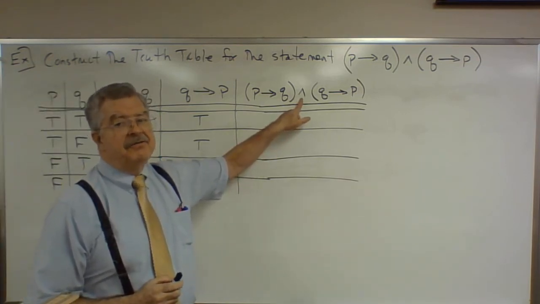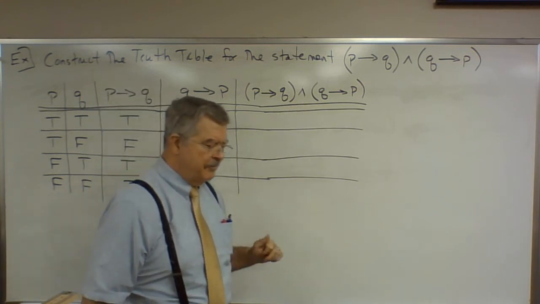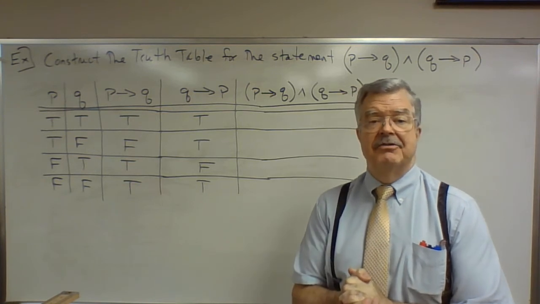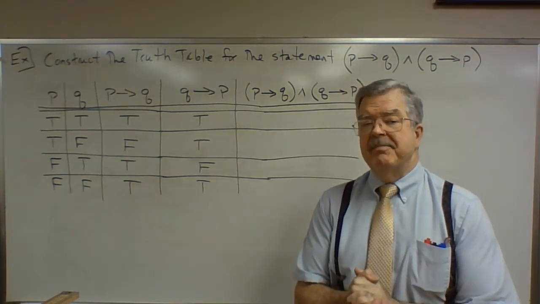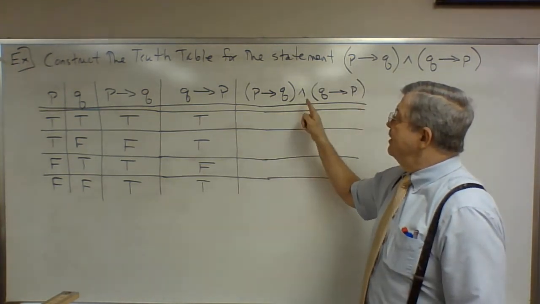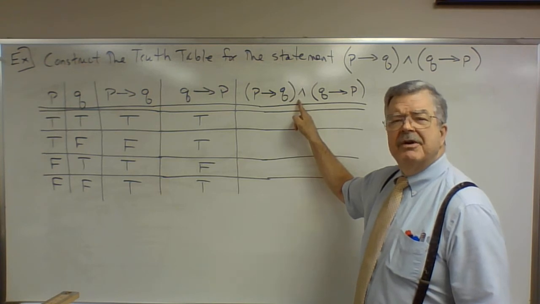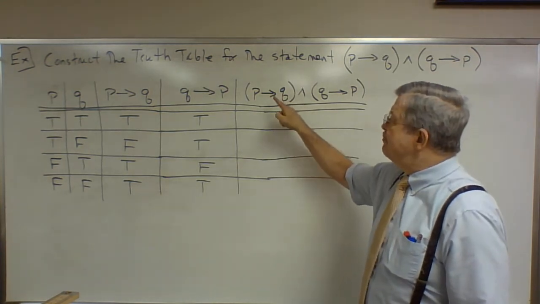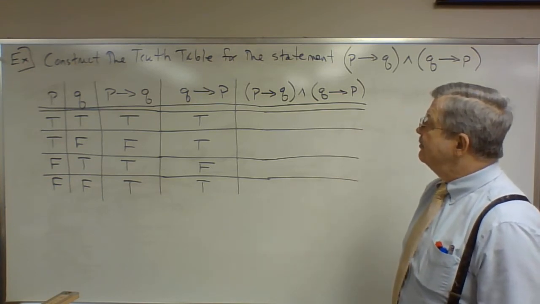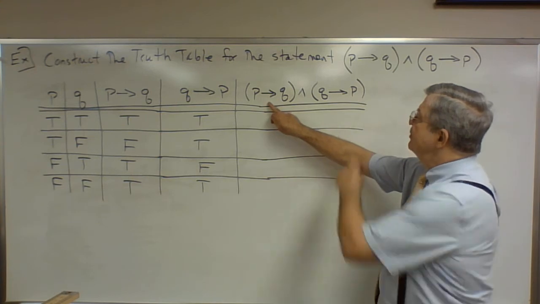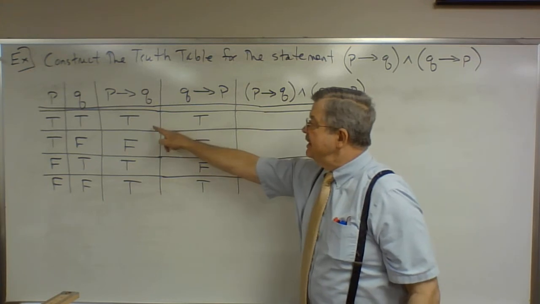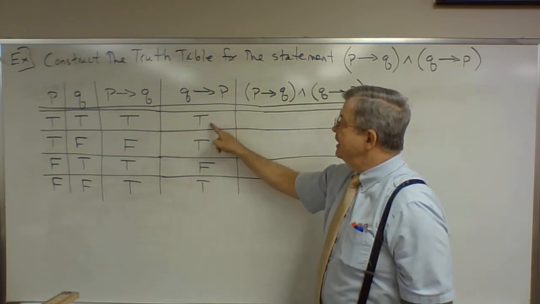This is an and statement, a conjunction. What's the special case for an and statement or a conjunction? Isn't the special case when both of these are true? The only time that a conjunction or an and statement is true is when both of the statements that make it up are true. So where does that happen? When is this thing true and this thing true? Well, this thing is true here, and this thing is true here.